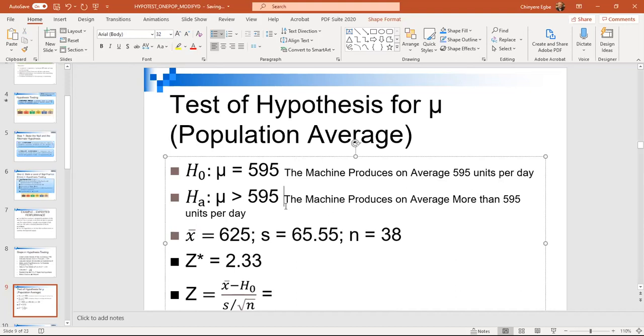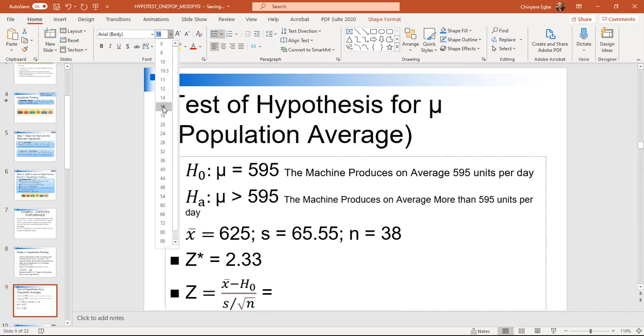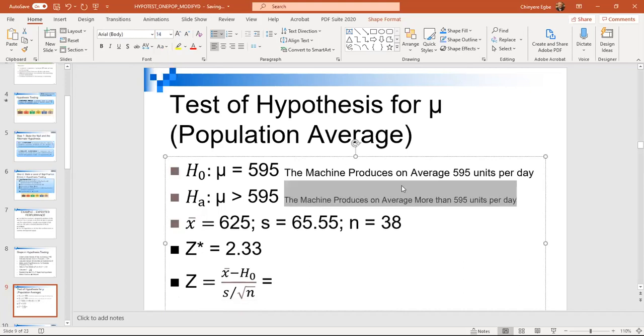The machine produces more than 595 units per day. This is the alternate hypothesis.